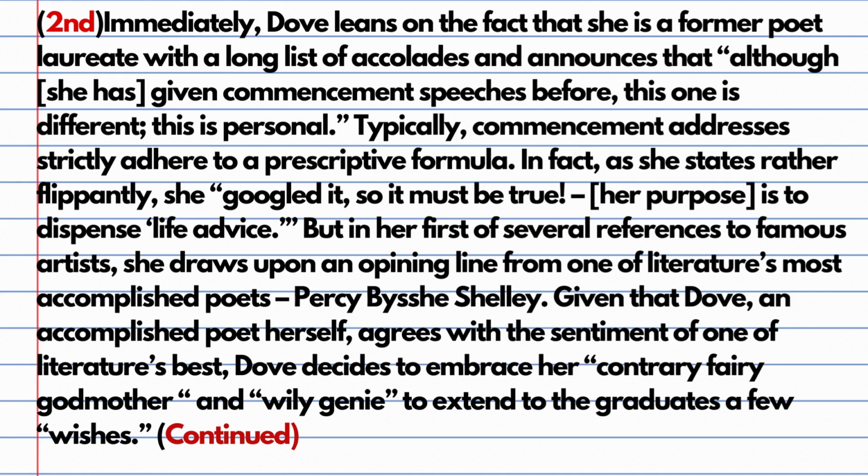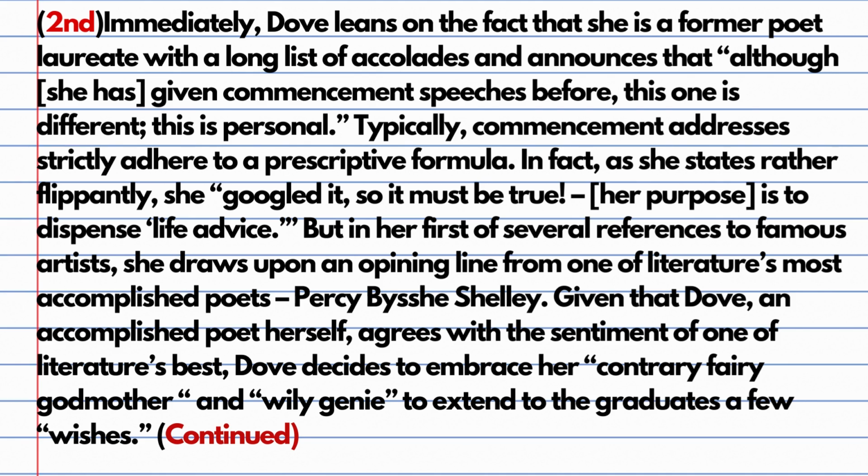So another sentence stem is this. My students begin the second premise with the word immediately. So immediately, comma. So you tie it right back to right from the onset. Immediately, Dove leans on the fact that she's a former poet laureate with a long list of accolades and announces that although she has given commencement speeches before, this one is different. This is personal.